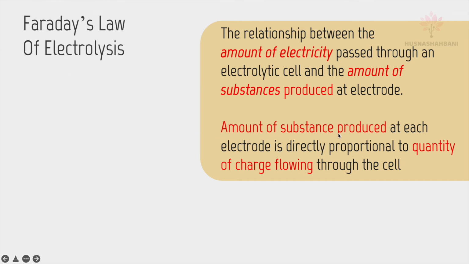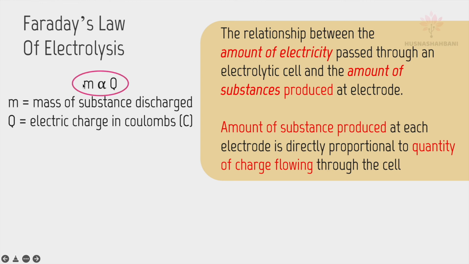Amount of substance produced at each electrode is directly proportional to the quantity of charge flowing through the cell. Means when you have a bigger quantity of charge flowing through the cell, you will have a bigger amount of substance produced at the electrode. So mass of substance discharged is directly proportional to electric charge, quantity of charge flowing through the cell.